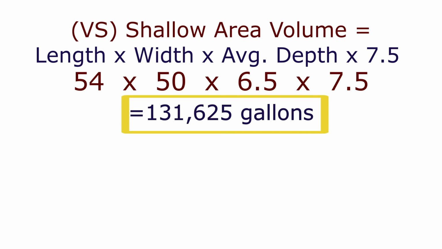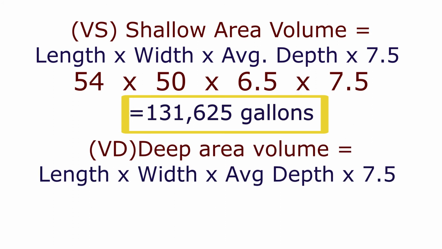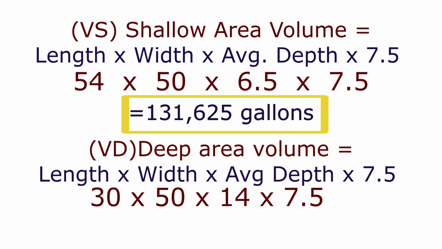Now we're going to do the volume of our deep end, which again is length times width times average depth times the 7.5. Our length of that deep end had been that 10 yards that we converted to feet, and it was 30 feet, times our width, which is 50, times, if you go back to the problem, it gave you the depth, the average depth of 14 feet for the diving well.